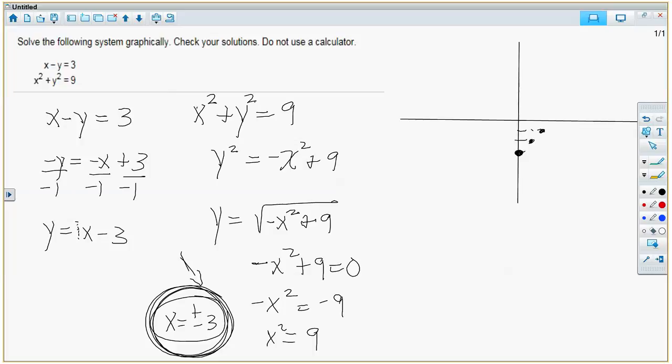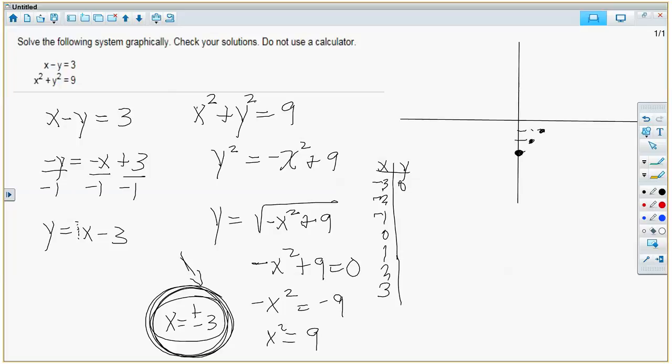So you take your handy-dandy chart and you plug in -3, -2, -1, 0, 1, 2, and 3, and you plug those numbers into the formula. So -3, that's going to be a positive 9, negative is going to be -9, -9 plus 9 is 0.